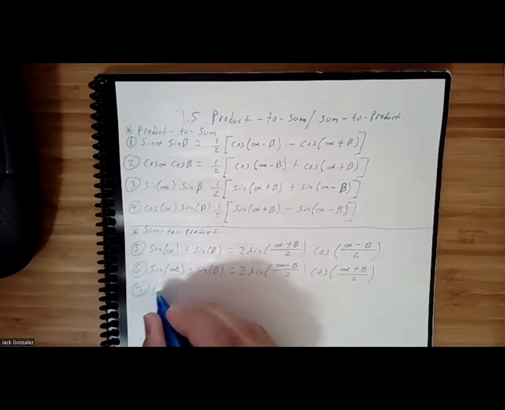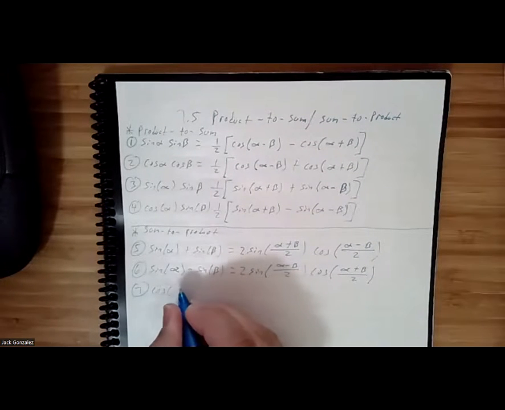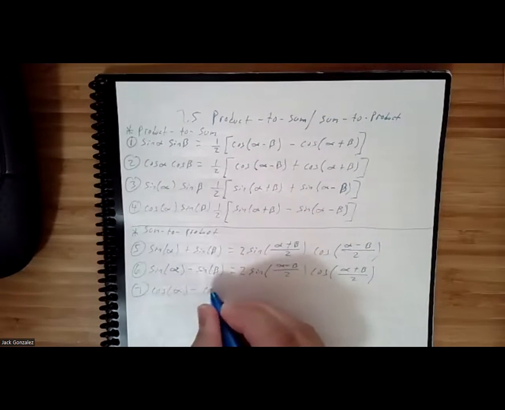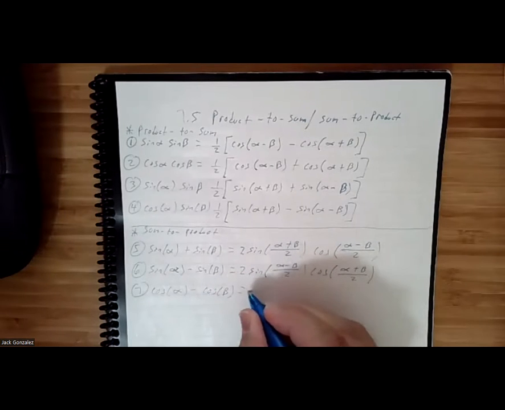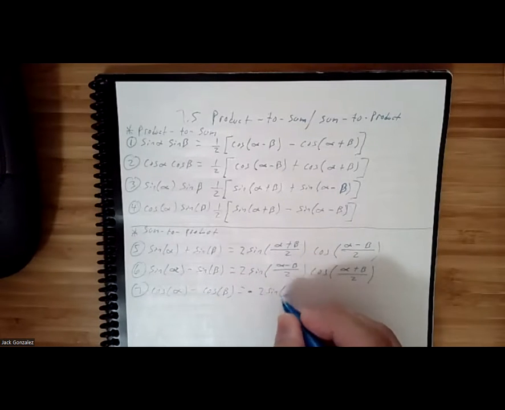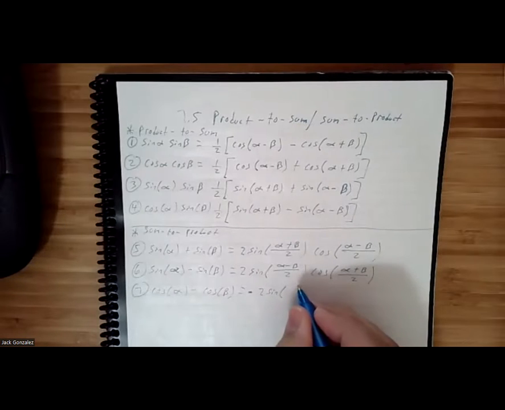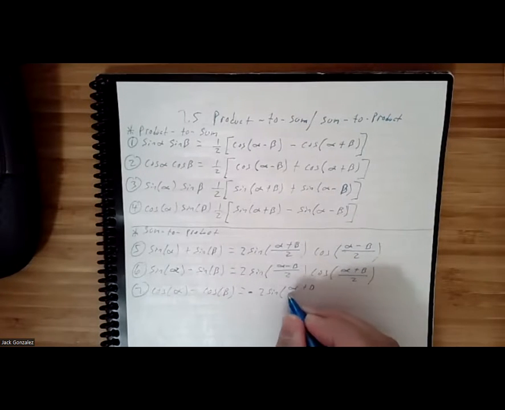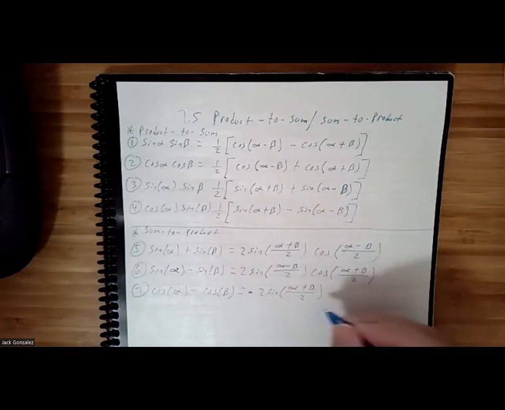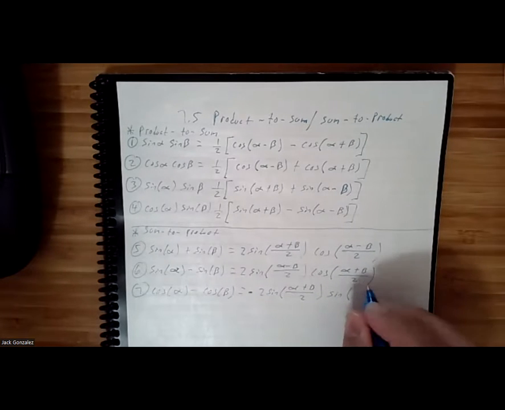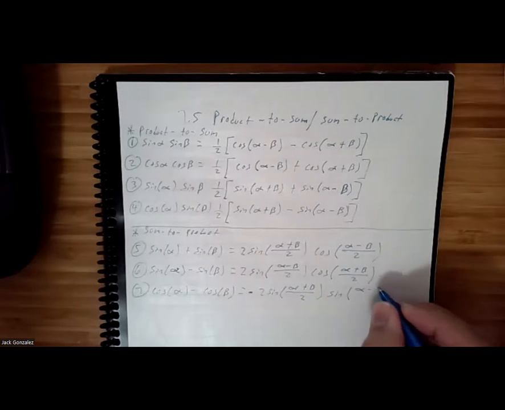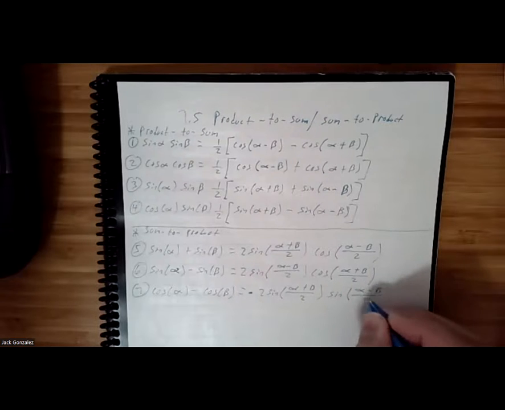Okay, cosine alpha minus cosine beta is going to be negative 2 sine of alpha plus beta over 2 times sine of alpha minus beta over 2.